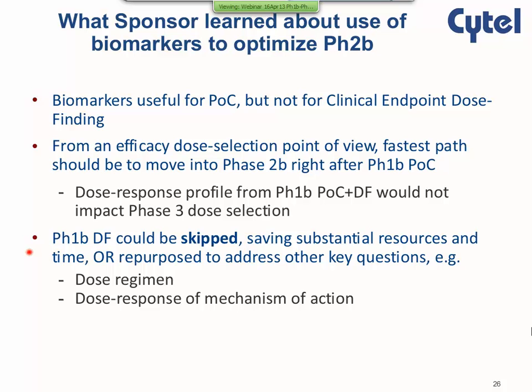Or the phase 1B dose-finding trial could remain in the program and be conducted concurrently with the phase 2B trial and repurposed for other objectives, like testing another dose regimen or getting dose response information on mechanism of action outcomes.